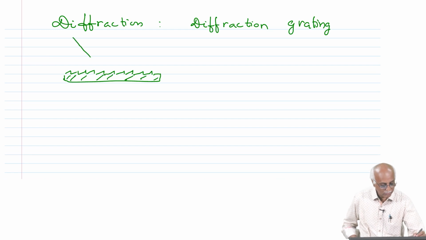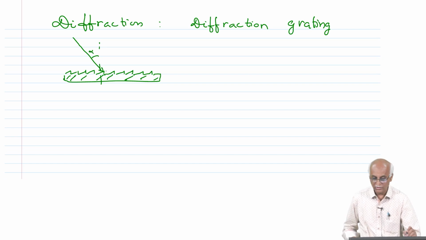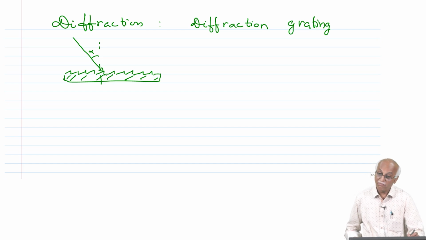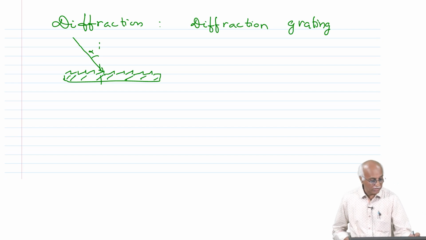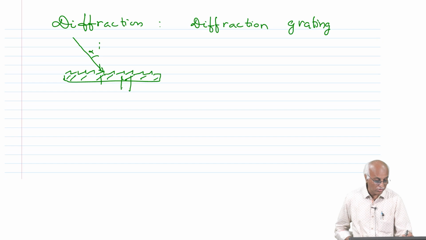Now the light coming in at a particular incidence angle alpha, measured from the normal, will get diffracted, because of this periodic structure, the grating, with grating period lambda.